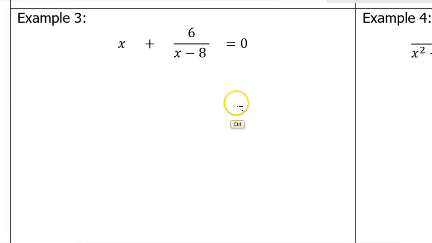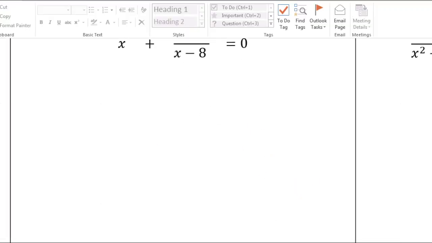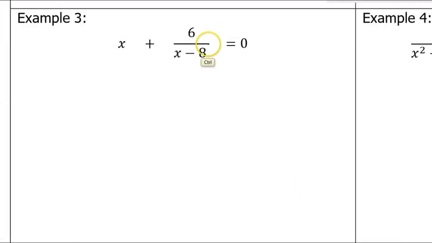Okay, so example 3. Again, I need like denominators. So I see the denominator of x minus 8. So I definitely need to have an x minus 8 right here. And that will only be legal if I put x minus 8 in the numerator as well.